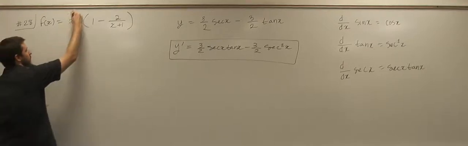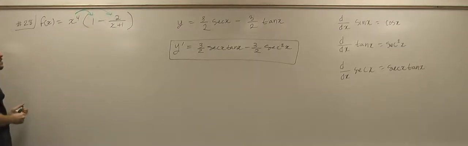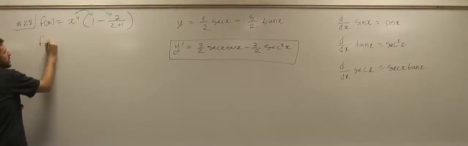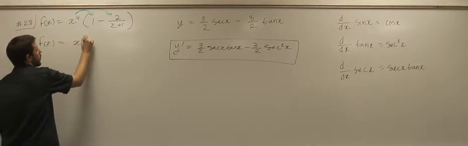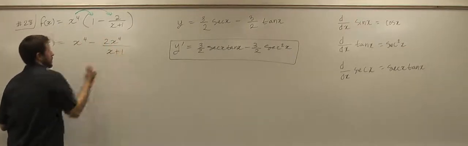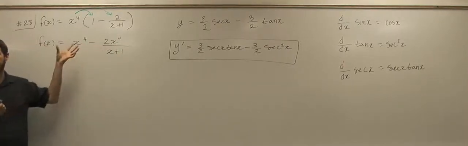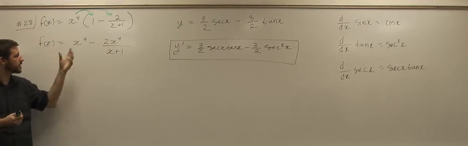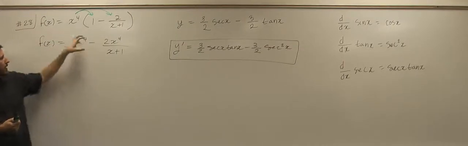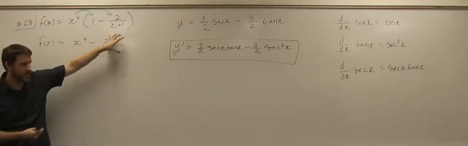Definitely distributing will be helpful. This will be f of x equals x to the fourth minus 2x to the fourth over x plus 1. Now, if you want to get a common denominator here, you can, and if not, it doesn't really matter. But when you do the derivative now, you can do the derivative of this part, and the derivative of that part, and subtract.